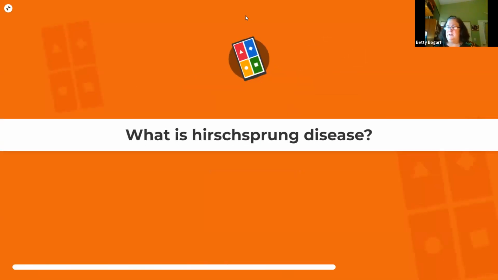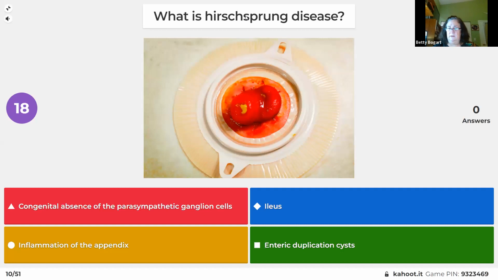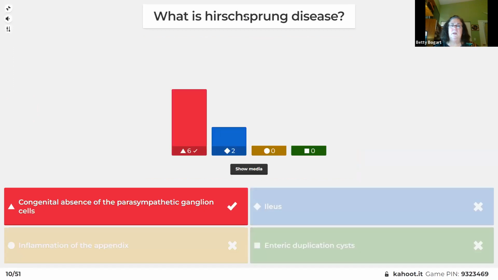What is Hirschsprung's disease? So Hirschsprung's is the absence of parasympathetic ganglion cells, which basically means there's no nerve cells.